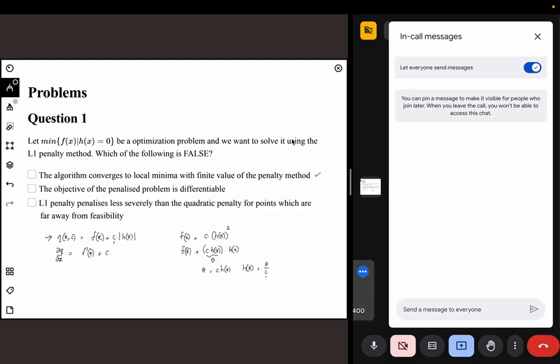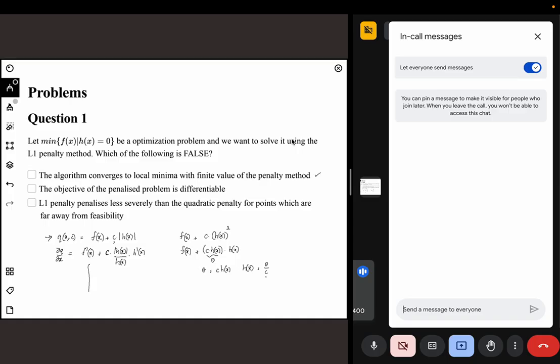Plus c times... No, this is an absolute symbol here. There is a modulus here. No. The derivative of the modulus is something like h of x by mod h of x times h prime of x.